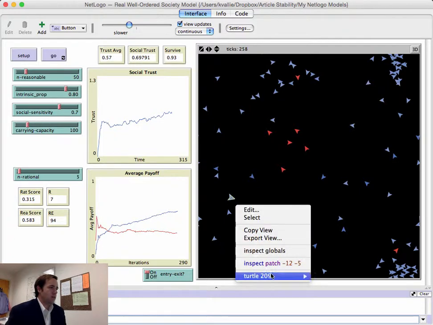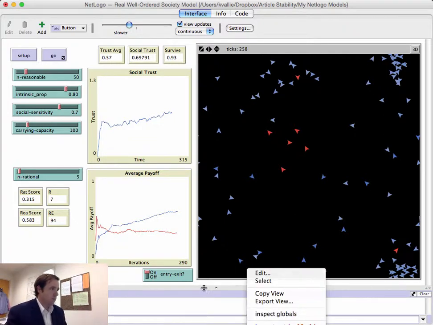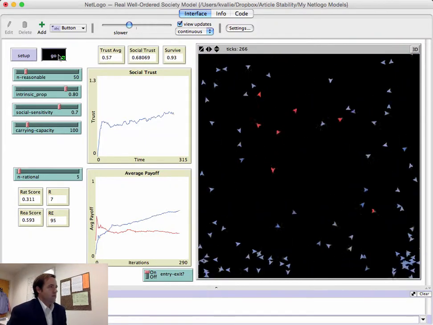So, one thing you can see, and well, you actually can't see that, but if you go to the turtles in the model and you inspect their average scores, you can find that the entering agents will have the average score, and that seems to be playing a role in increasing their margin of payoff over the rational agents. Okay, so let's just allow it to go a little bit further.